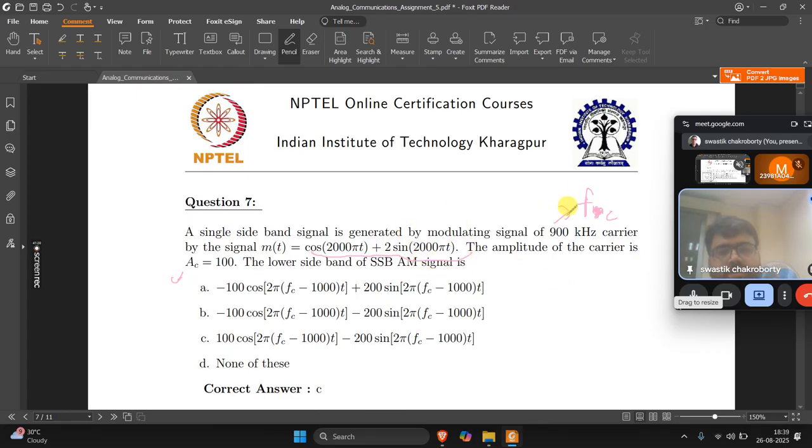Oh, this is not FC, sorry. So this is the modulating signal concept, and the message signal is given and the carrier amplitude is given. Now try this.